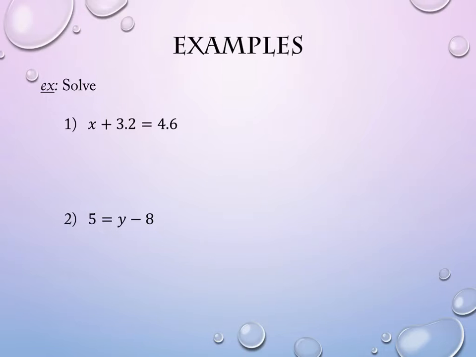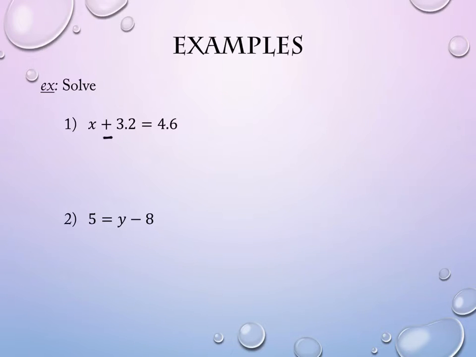So here's our first one, number 1. We have x plus 3.2 equals 4.6. And we see that the x is grouped with addition and a value. And so we're going to think about what is the inverse operation for adding 3.2, and that would be? What's the opposite? Yep, subtracting 3.2.